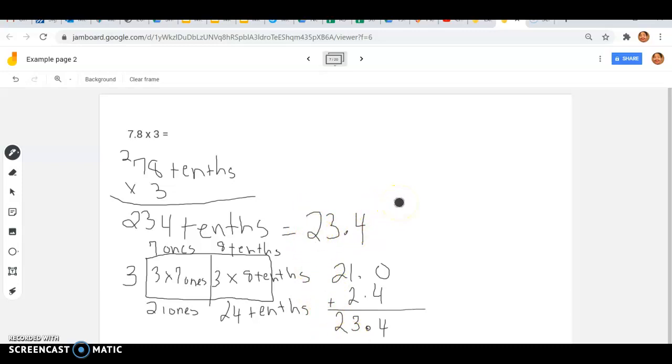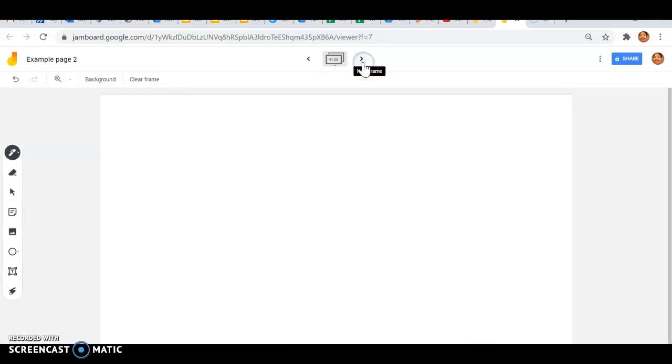What we should notice is that the decimal placement when we are multiplying is a little bit different from when we are adding and when we are subtracting. It is very important that you write this tenths in your answer, just like if you write your hundredths or thousandths, you should make sure that you are very careful. So we're going to do one more problem that shows us our hundredths.